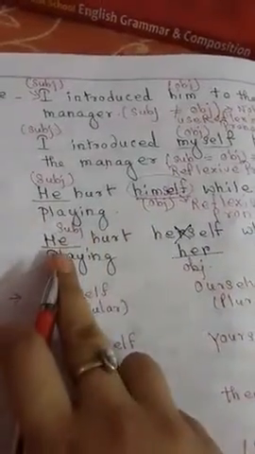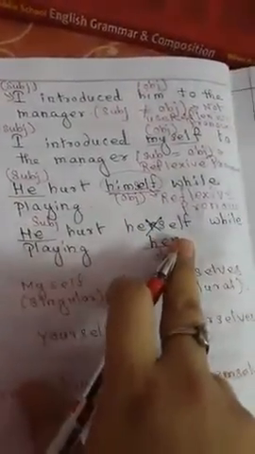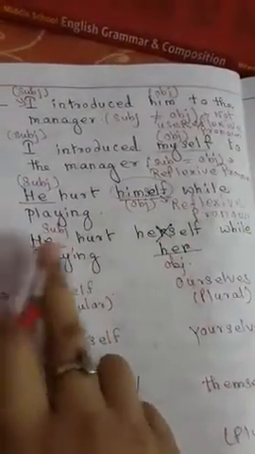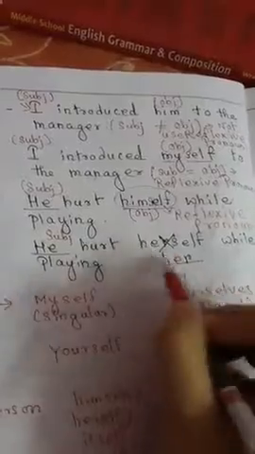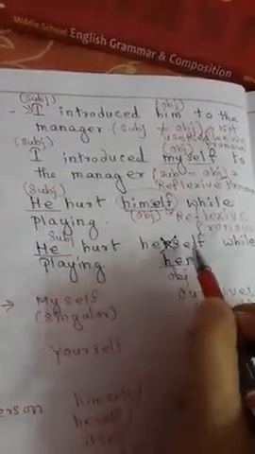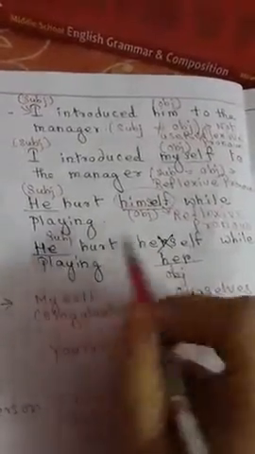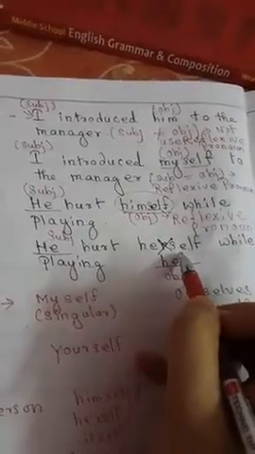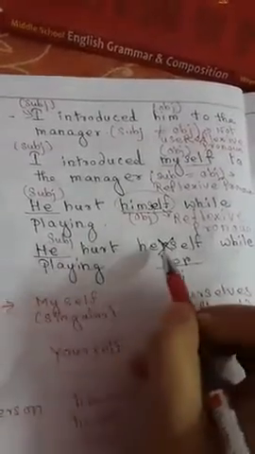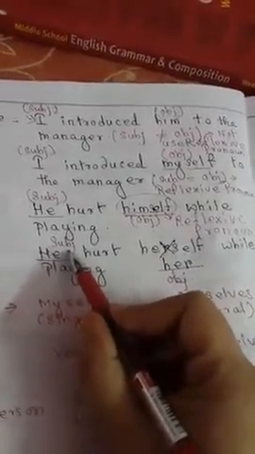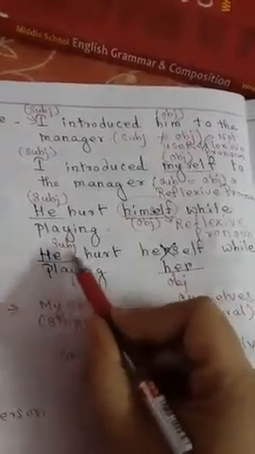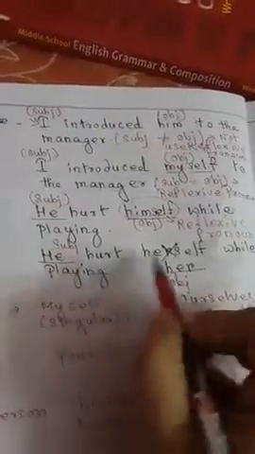Now next, he hurt herself while playing. Is this right? No, because we cannot use a reflexive pronoun when subject and object are different. We cannot change the subject, and we cannot write like this, that she hurt herself.